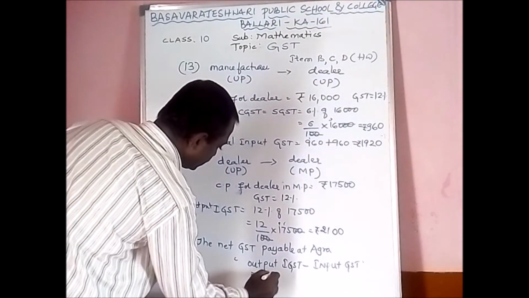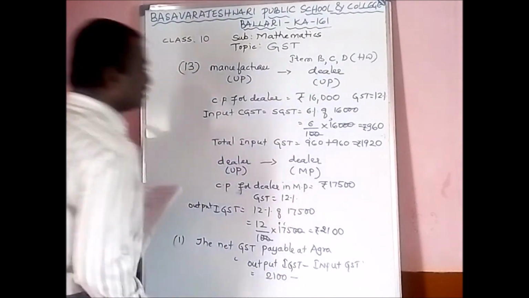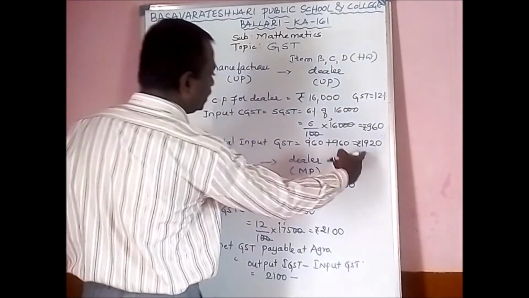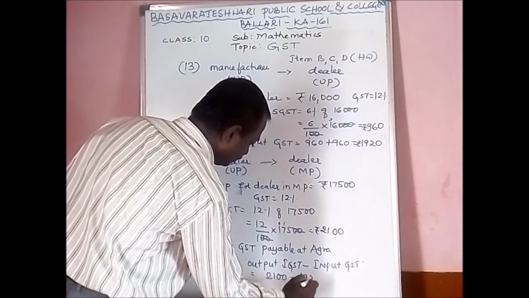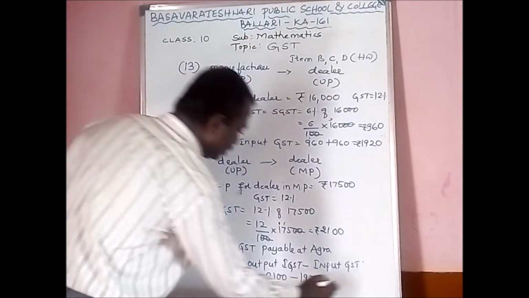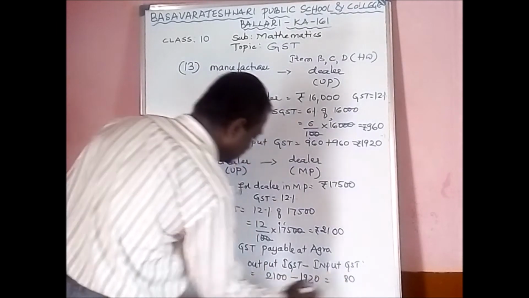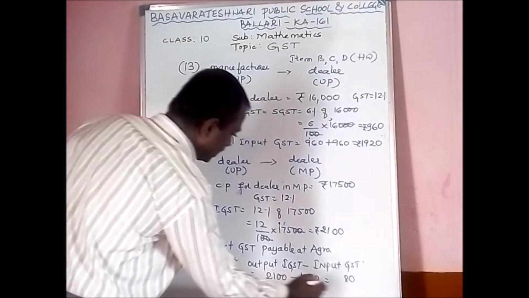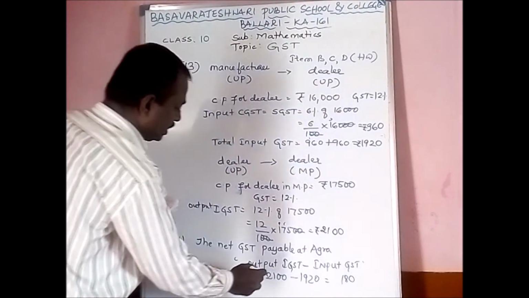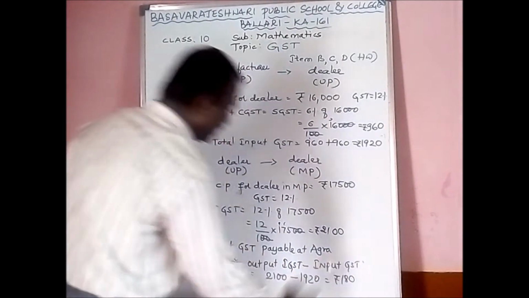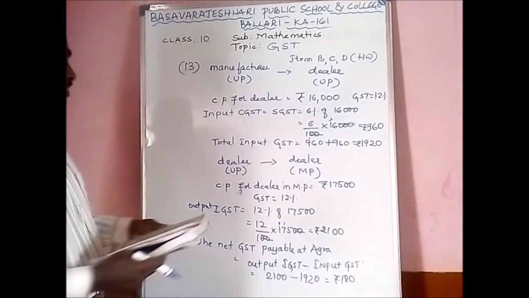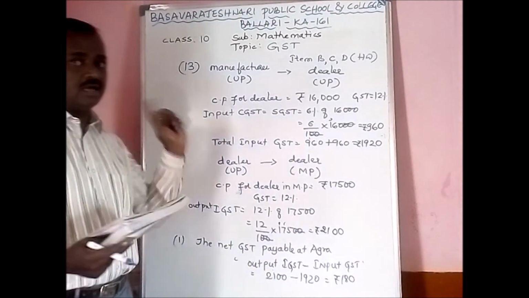Output means 2,100 minus how much you got as total input GST, 1,920. So how much is that? 2,100 minus 1,920 is 180. So rupees 180 is the net GST payable at Agra.